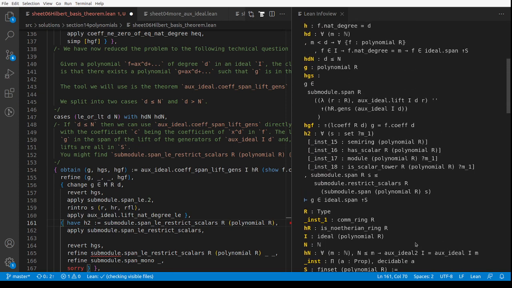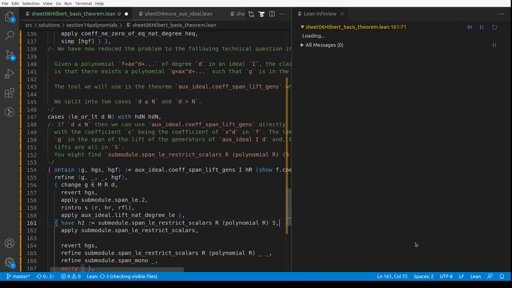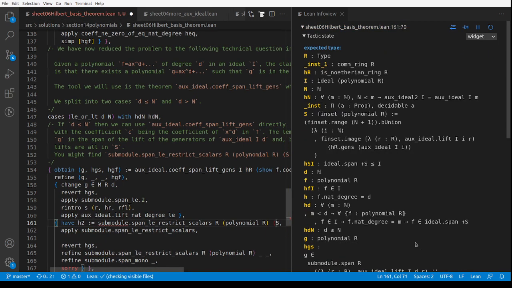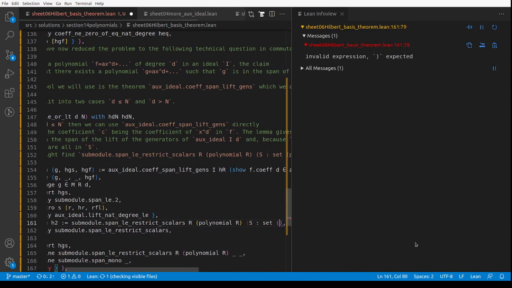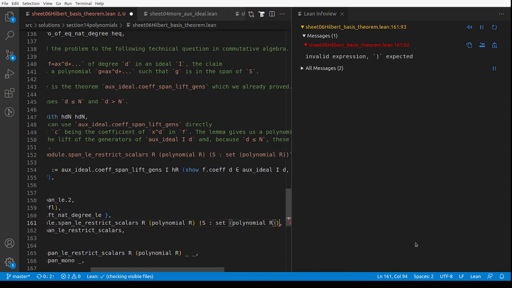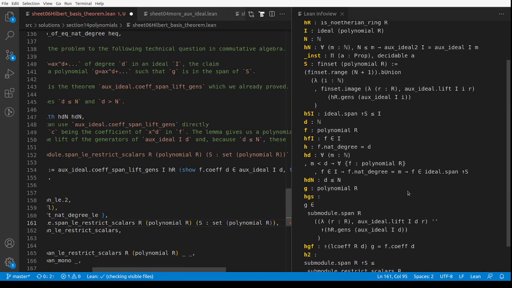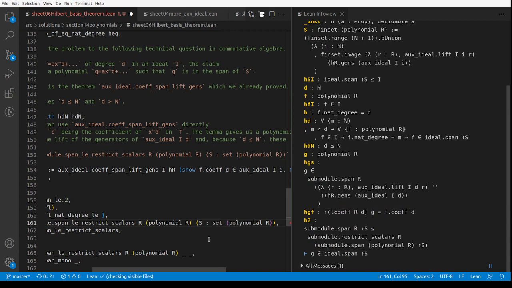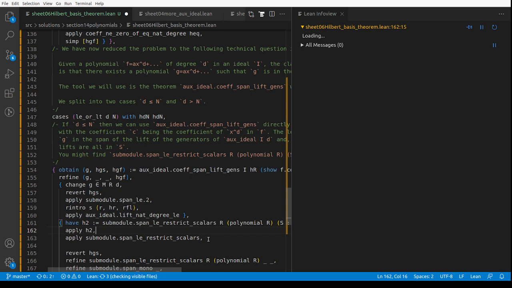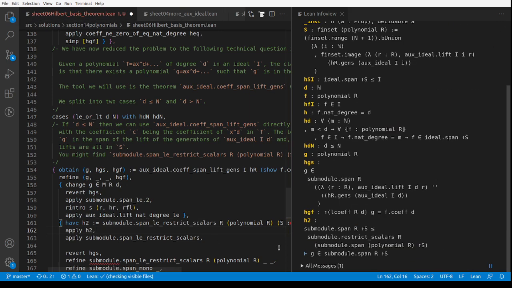Ideal.span S. So I suspect that it's going to be S. Oh, S set polynomial R. Close bracket. And now what does H2 say? Exactly. Now can I apply it? I really want to apply it. And it's let me do it. Okay, great.